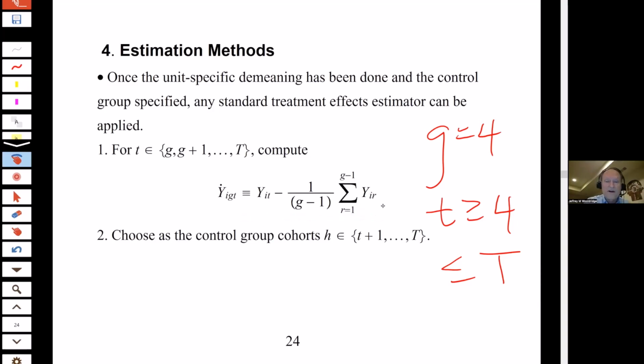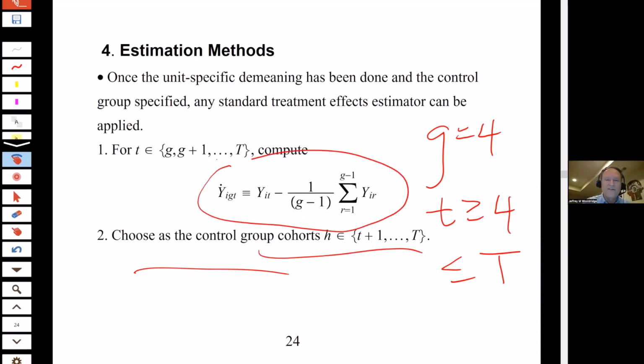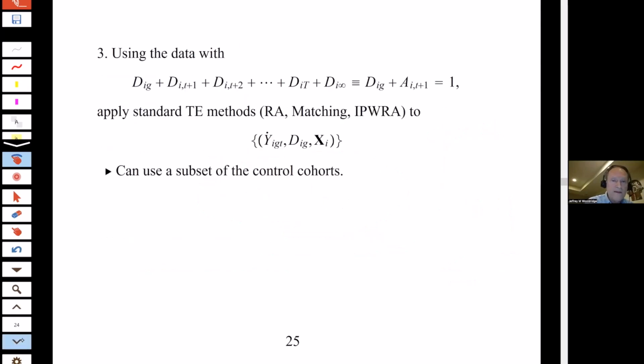We take our outcome Y in period T, and we subtract off the average up until period G minus 1. We choose as the control group all of the yet to be treated cohorts. This transformation is done for both the control and the treated units. We can do it for all units, but we're not going to look at the units that have already been treated prior to period T. Then we condition on this event, and we have this data.